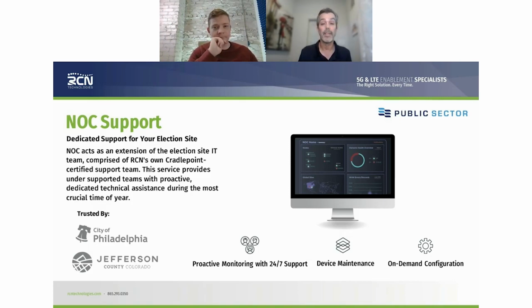They understand the devices we work with very well, and can help correct any issues you may have on election day, even down to reconfiguring a device to make sure it's working correctly.